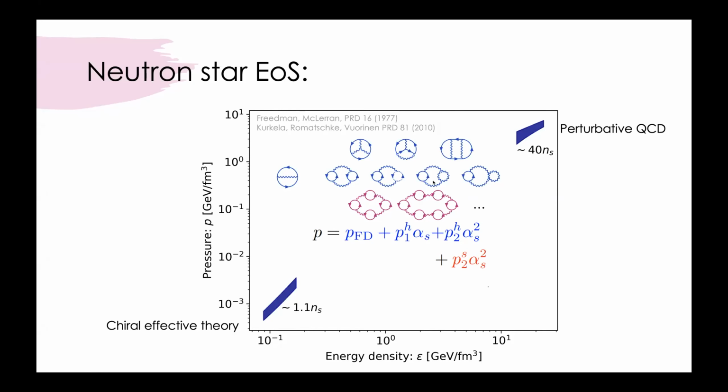At this next to leading order, there are two contributions to the pressure. One comes from a set of 3 loop diagrams, and then there's another part which I call the soft part here, that comes from an infinite number of diagrams with any number of loops with given topologies, and these are very difficult calculations, and it's amazing what Freedman and McLerran were able to do already in the 70s, resumming these sets.